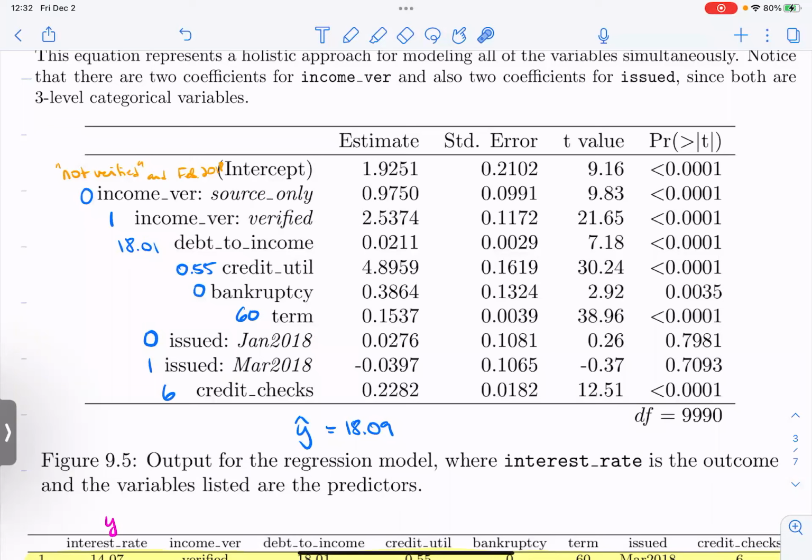Maybe the top, but one of the two. So it's not necessarily the not verified and February 2018, but I don't know how else to say it. It's kind of this placeholder.